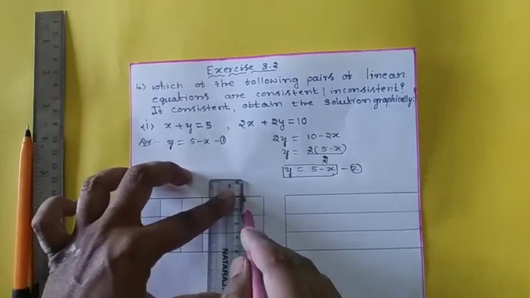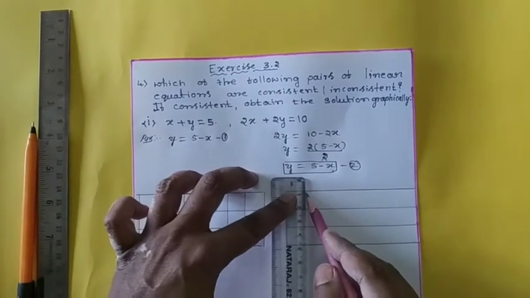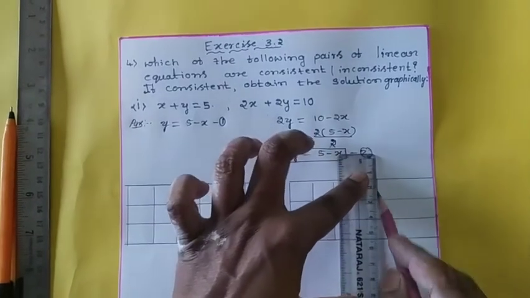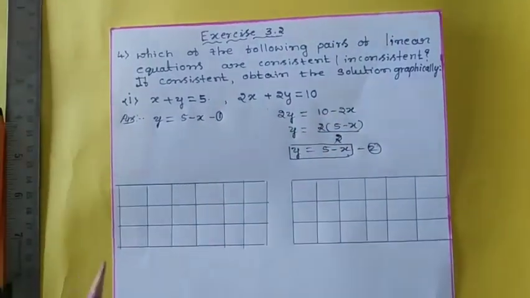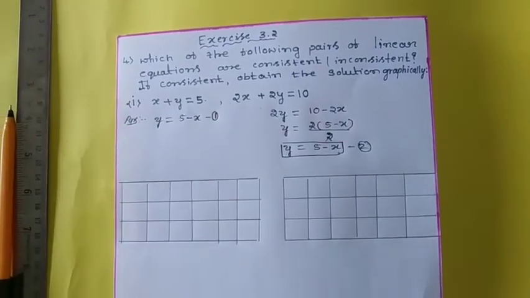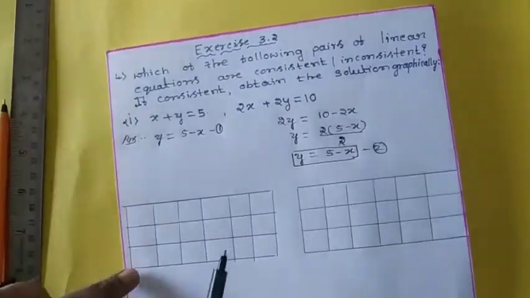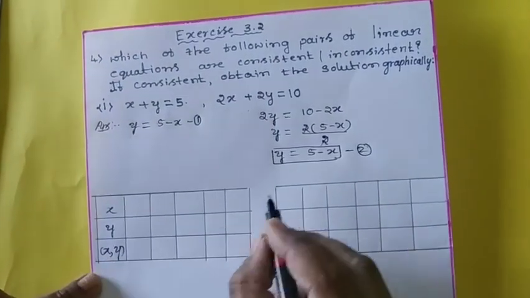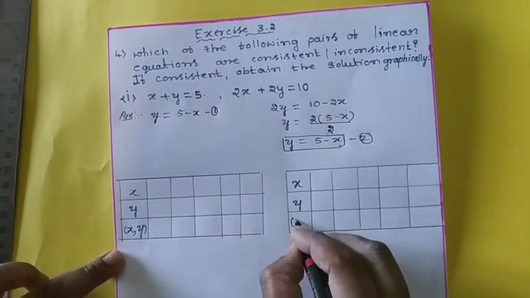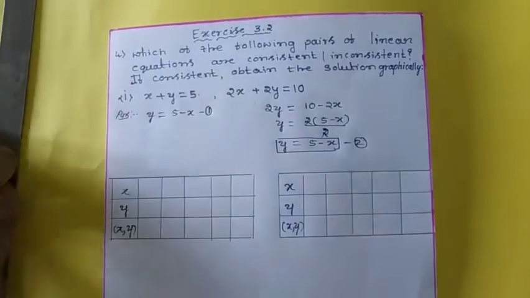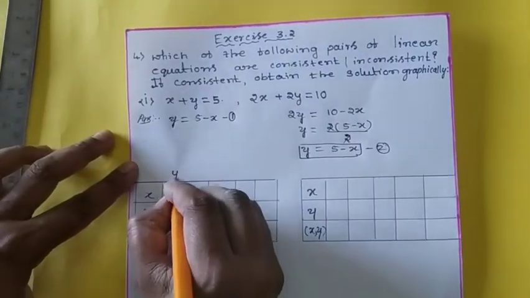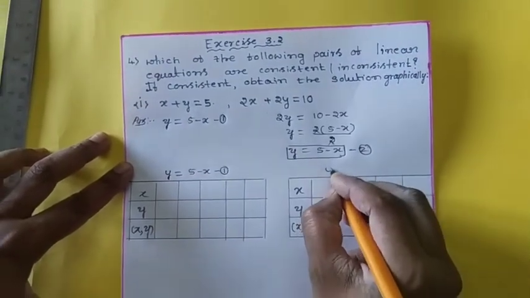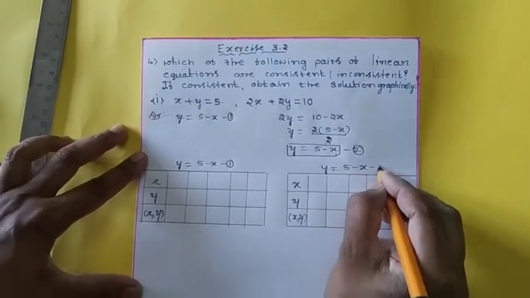These graphs have infinitely many solutions. We will see on the blackboard. The x, y coordinate points: we take equation 1 and then equation 2.